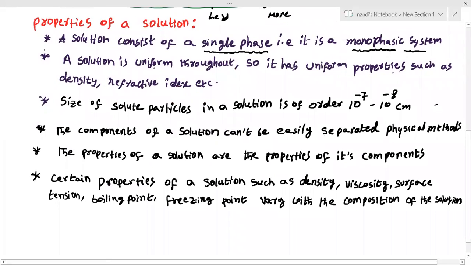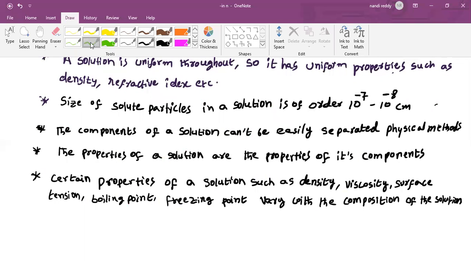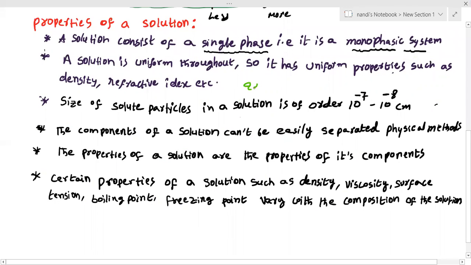Next, a solution is uniform throughout. So it has uniform properties such as density and refractive index. Uniform means, suppose you take aqueous NaOH solution in a beaker containing 20 ml.